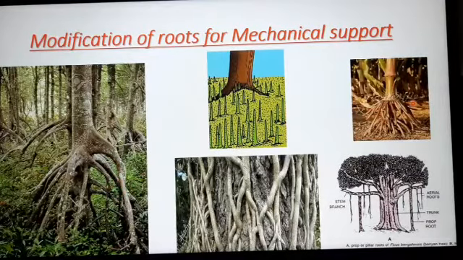Sugarcane is also an example, maize, sugarcane. Now here you can see the next root, which is climbing roots, for climbing, actually mechanical support. This is modification of root for mechanical support.